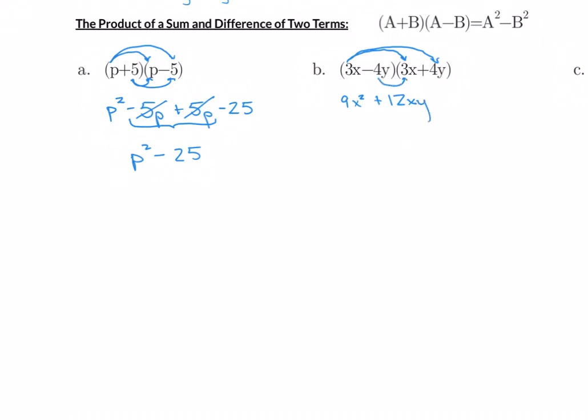My insides, I get minus 12, and I want to write in alphabetical order, so I'm going to do xy. And my lasts is minus 16y squared. Again, my middle terms cancel, leaving me with 9x squared minus 16y squared.